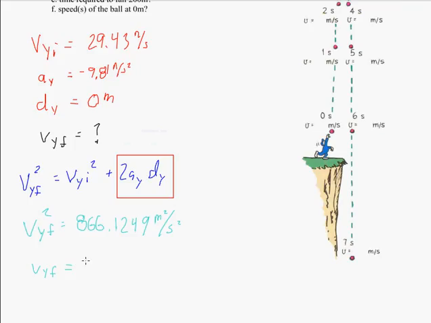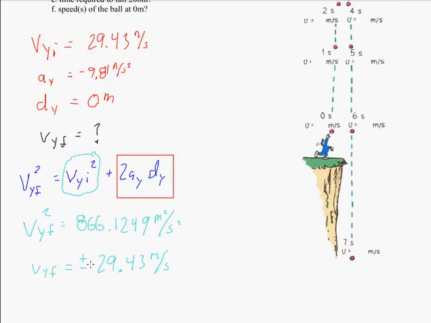Well, you don't get just one answer, you get two answers. It's going to be plus or minus 29.43 meters per second. Once again, guys, I just squared it when I did this step right here, and then I take the square root of it when I get down here. But the interesting thing is, in this process, we've lost what direction it's going.